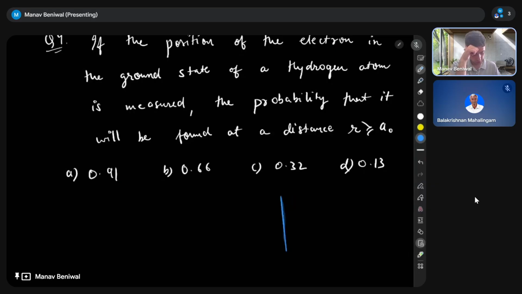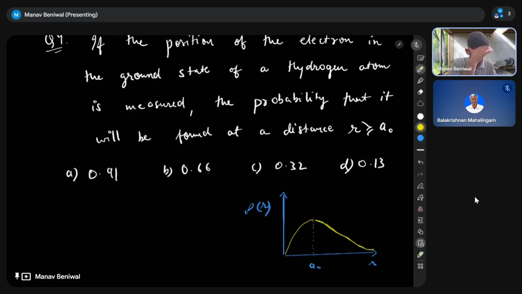So for the ground state, we know the radial part of the wave function. If this is our distance r, and let's say this is a naught, the Bohr radius, this is the radial part of the wave function. We know that the radial part reaches its maxima at a naught, and then decays and ultimately goes to 0 at infinity, right?